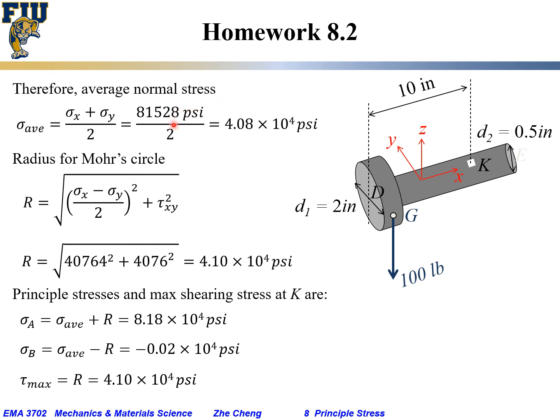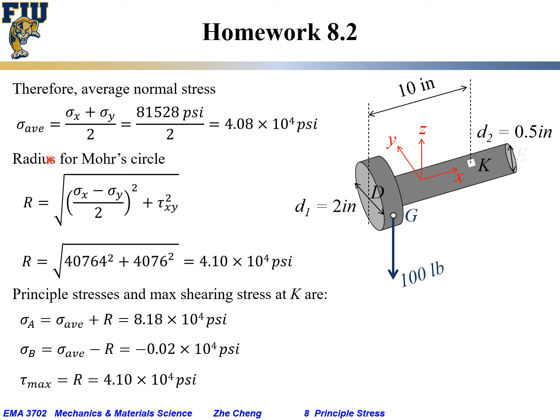Once we have the three stress components, if we're using the Mohr circle, the average would be sigma x plus sigma y divided by 2, and sigma y is 0, sigma x is 81,528. So the average normal stress for the Mohr circle would be 4.08 times 10 to the power of 4 psi, essentially to reduce the number of significant digits.